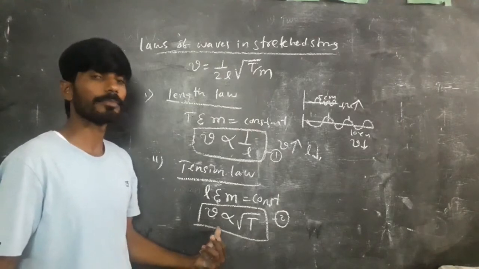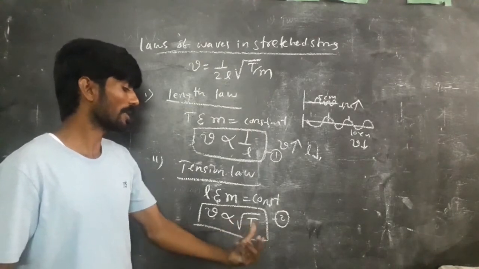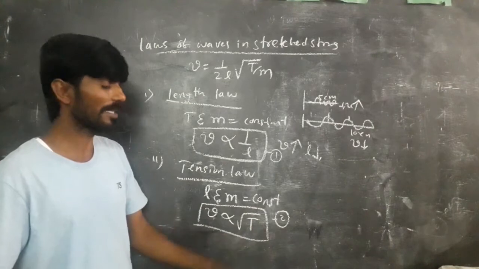When the length and the linear density are constant, the frequency is directly proportional to the square root of the tension, that is, frequency is proportional to under root T. So this is the second one.